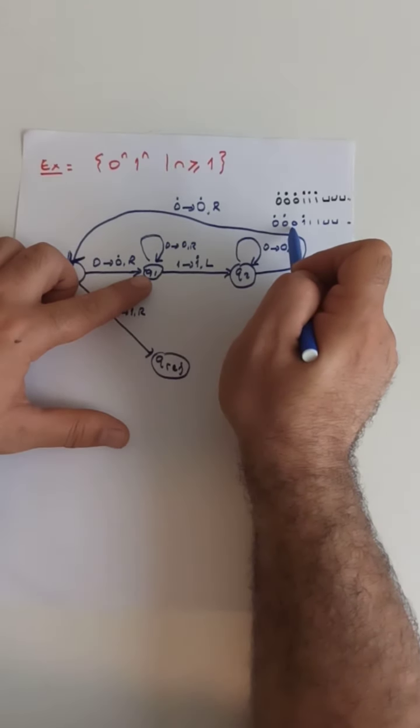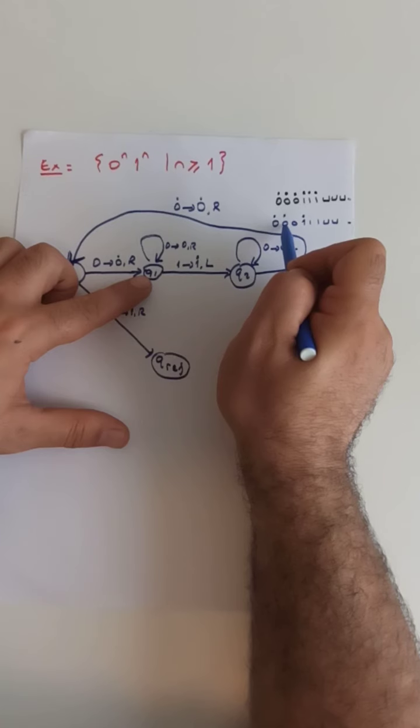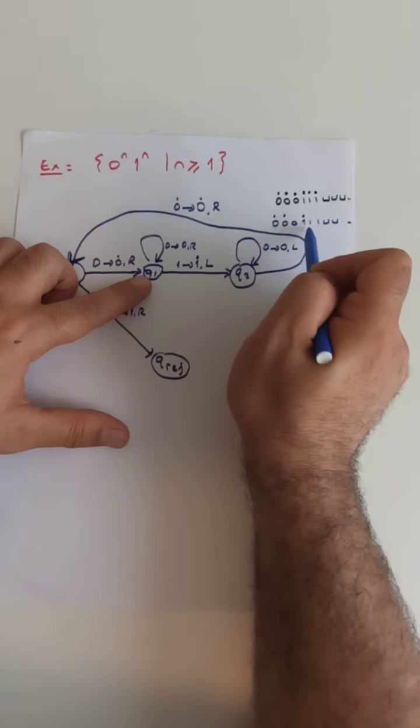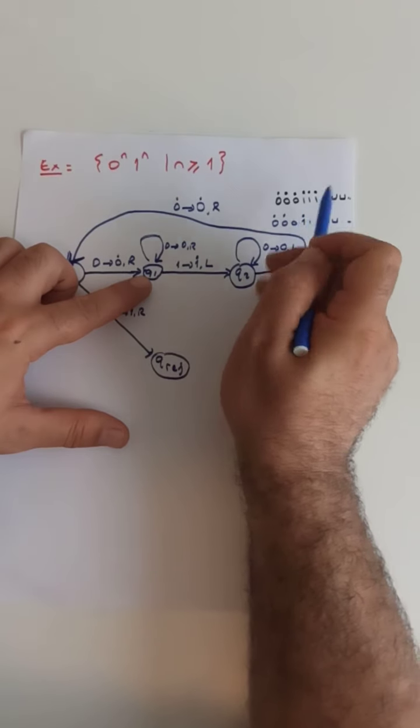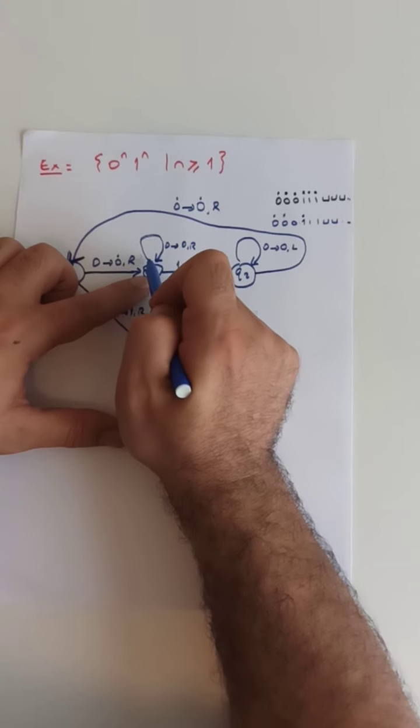Now, what we are in search of is an unmarked symbol 1, so that we can mark it corresponding to the 0 that we have just marked. So what should we do once we encounter this marked 1? We should skip that as well. So we can add that as a transition within this loop.